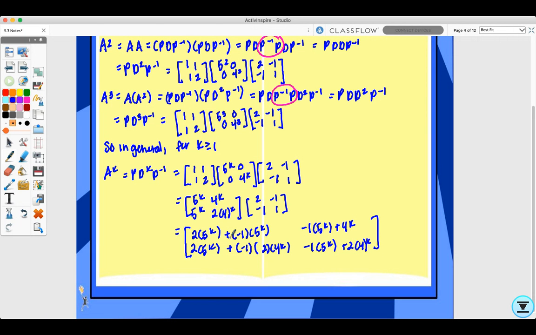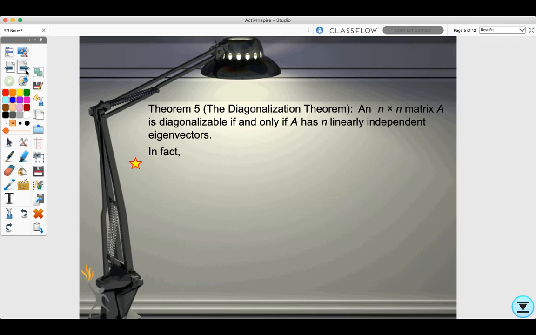So a square matrix A is said to be diagonalizable if A is similar to a diagonal matrix, i.e. if A equals P D P inverse, where P is invertible and D is a diagonal matrix. Theorem 5, the diagonalization theorem. An n by n matrix A is diagonalizable if and only if A has n linearly independent eigenvectors.